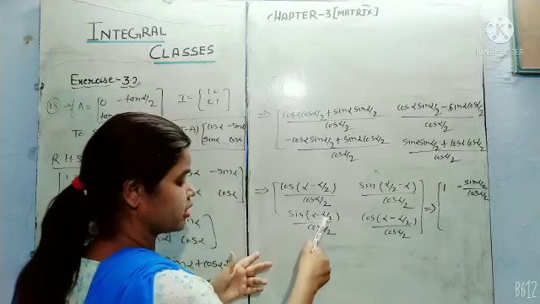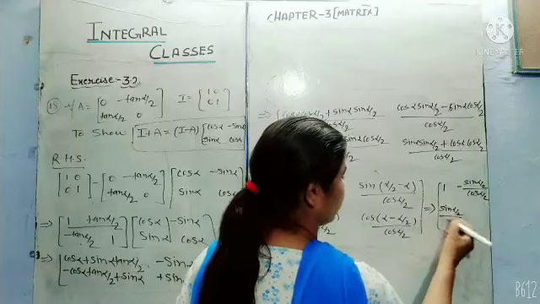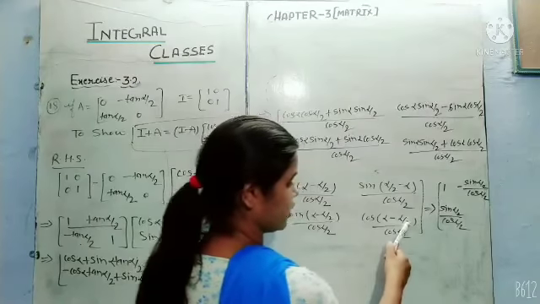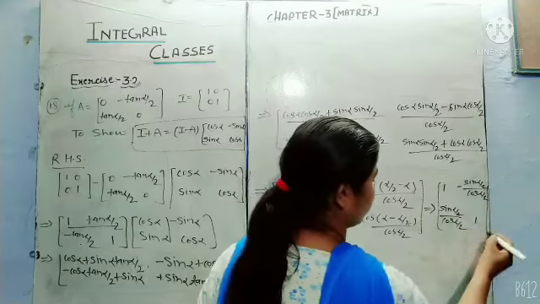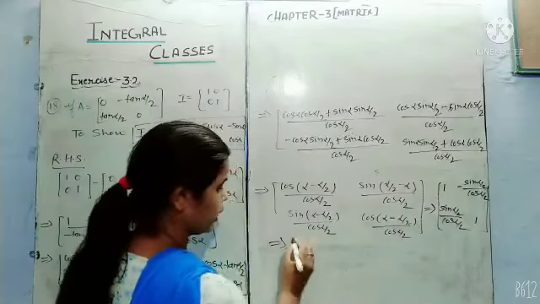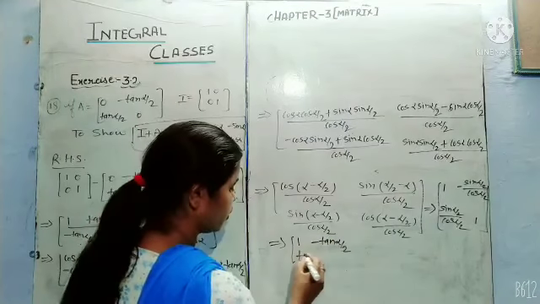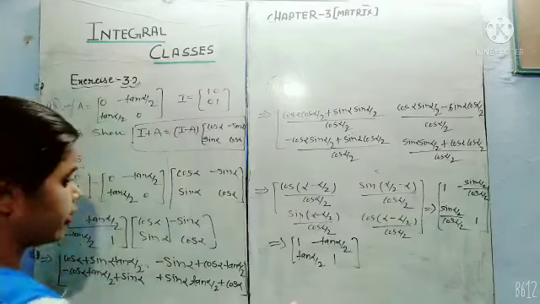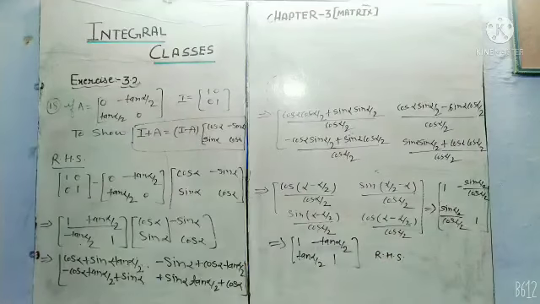Now alpha minus alpha/2, then sin(alpha/2) upon cos(alpha/2). Again here alpha minus alpha/2, cos(alpha/2) upon cos(alpha/2) equals 1. So now student we will get [1 -tan(alpha/2); tan(alpha/2) 1]. This is the right hand side. Now we will solve the left hand side also.